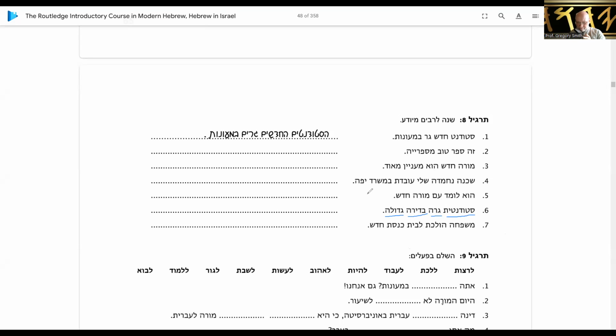Studentit gara badira gadola. Yeah, in a large, it's not Bierhof would be street. It's Badira is apartment. The student lives in a large apartment. That's right. סטודנטית גרה בדירה גדולה. Yeah, and this is definitely feminine.